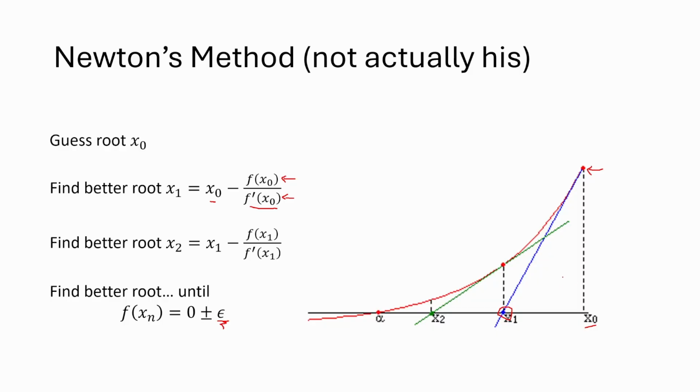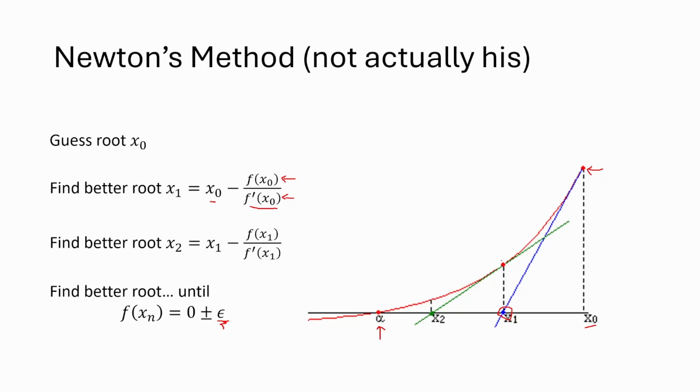That intersection point, if the function is well behaved, if it's continuous and differentiable and meets the standard math requirements, this new point that I got from drawing the tangent line backward is going to be closer to the actual zero of the function.